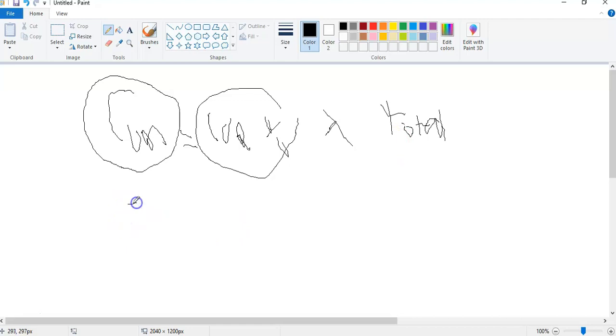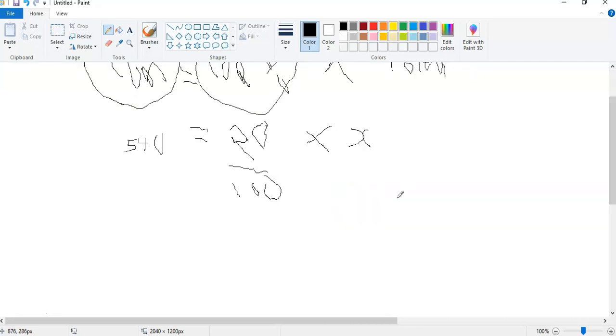So 540, which is the commission, is equal to our commission percentage, 20%, the same as 20 over 100, times our total, which we don't know, so you can say x or total. If you like, you can simplify this one here.